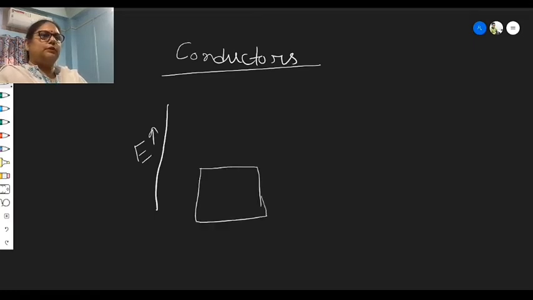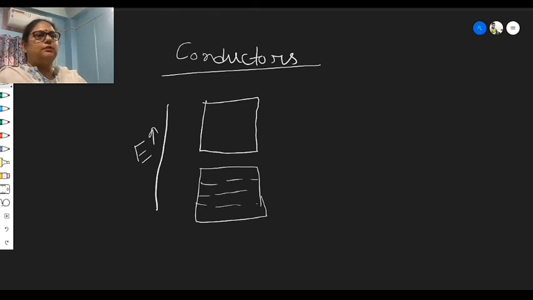So in case of conductors, in terms of energy, this is your valence band and this is your conduction band.